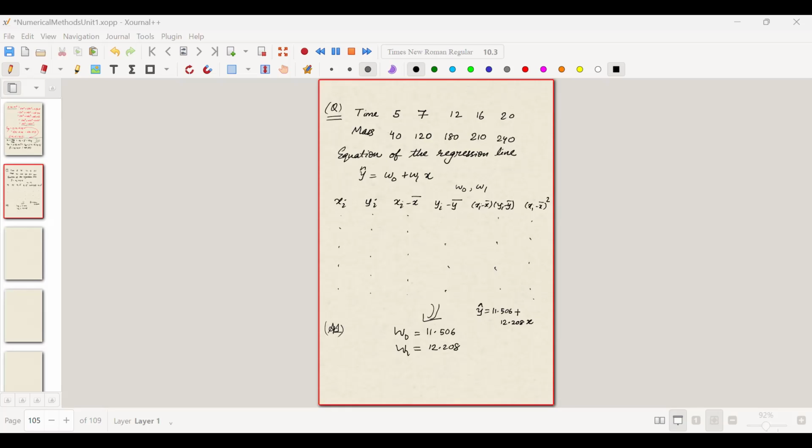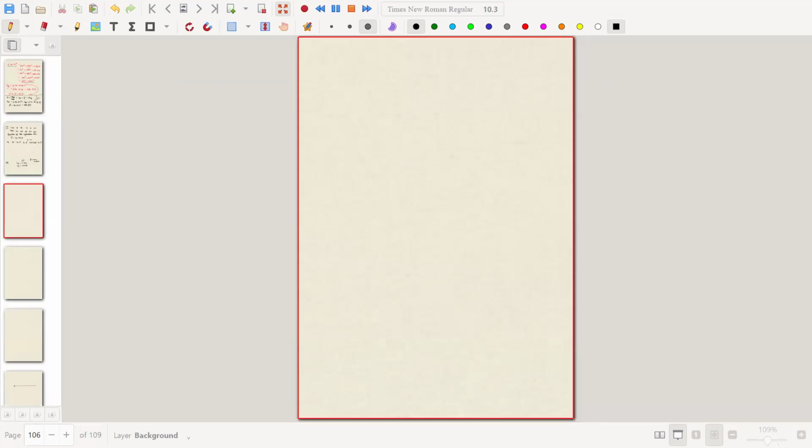Okay. So, the second minimization condition, what do we have to do?